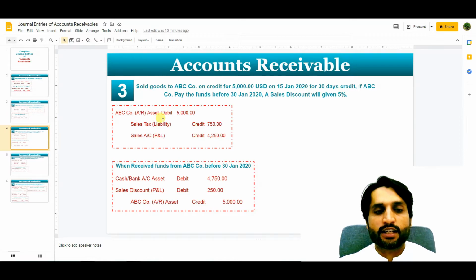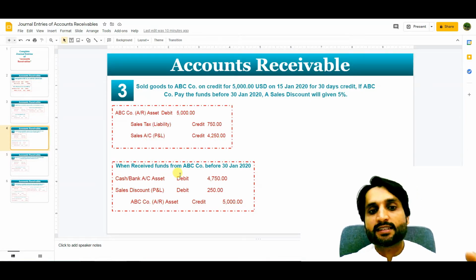So the first entry we need to pass here: ABC company account receivable account will be debit. We are going to debit them 5,000 when we made a sale. Sales tax, which is 750, was involved. Sales account, profit and loss account, as credit 4,250.